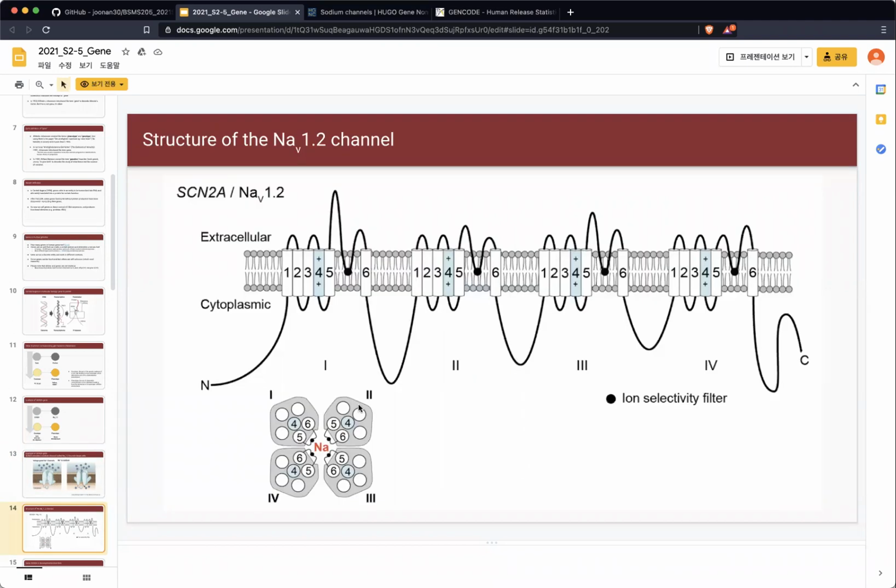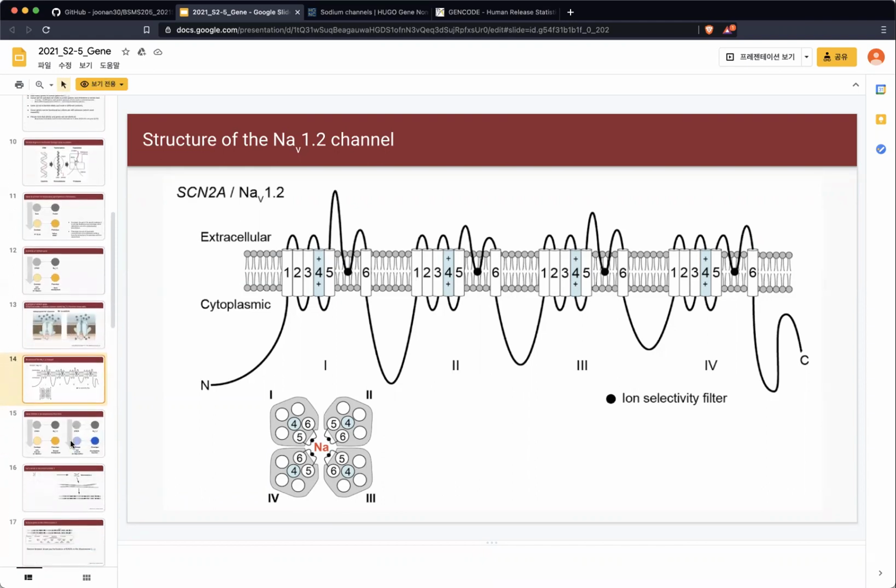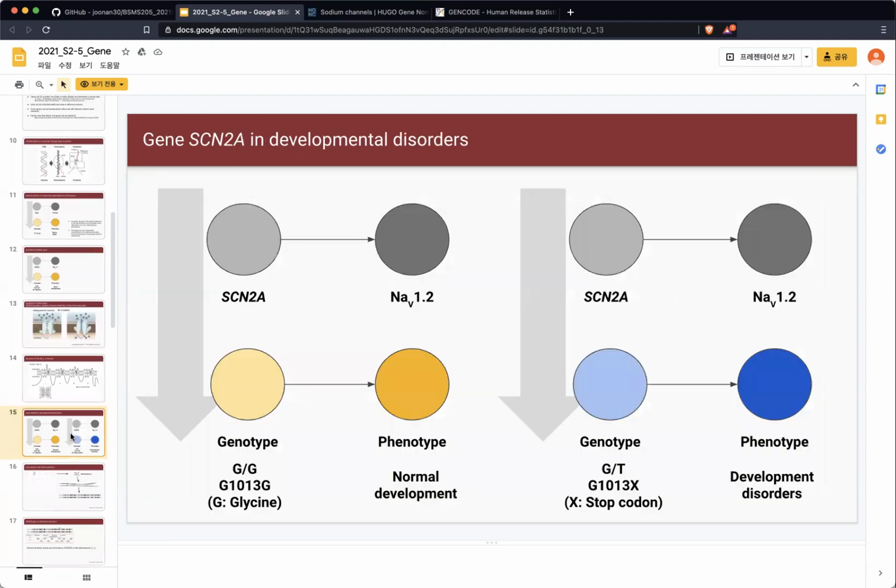And some of the links between these segments have a filter, which works as whether you want to take in more sodium or not, right? So it works that way. Okay, so SCN2A is important in your brain development, right?